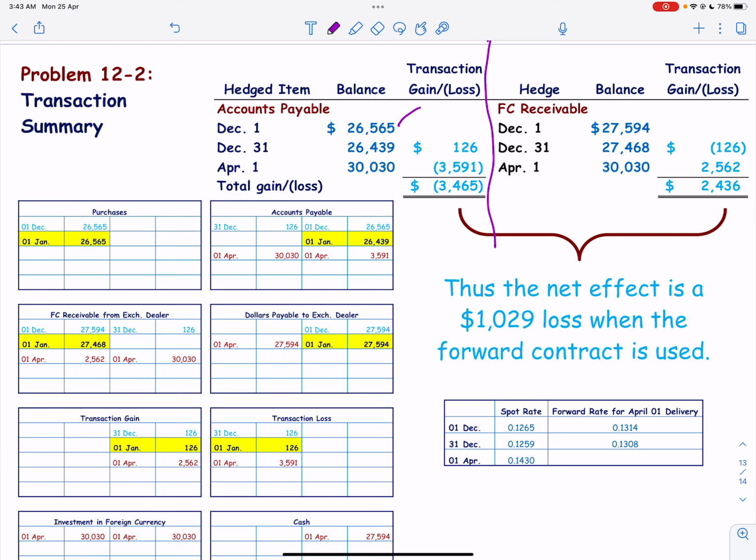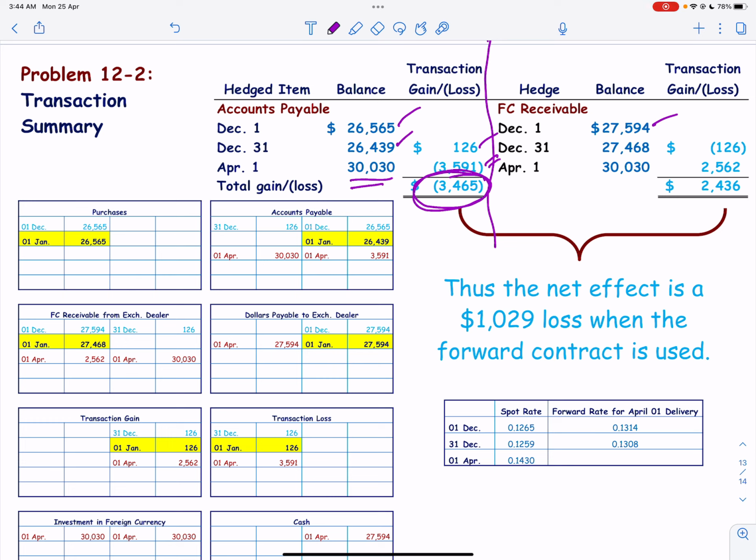This would have decreased to 26,439, making a gain of 126, and again increased to 30,030, making a loss of 3,591. So this means if Crystal Company had not entered into a forward contract, they would have recorded a loss of 3,465 on this transaction. But because of the forward contract, on December 1, the forward contract receivable was 27,594.